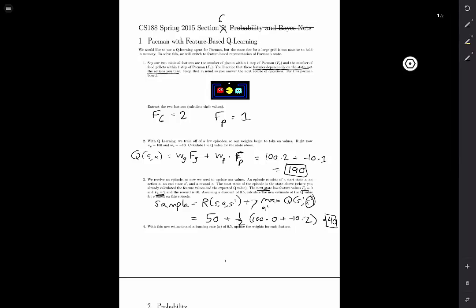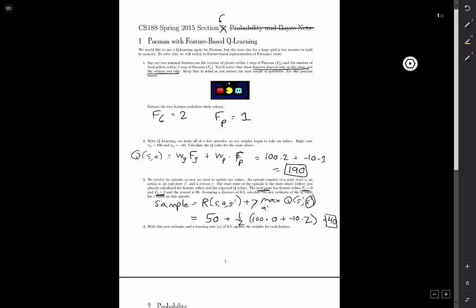So now question 4: with this new estimate and a learning rate alpha of 0.5, update the weights for each feature. Using the formula, we have WG equals WG plus alpha times sample minus the previous Q value, times FG of the current state.